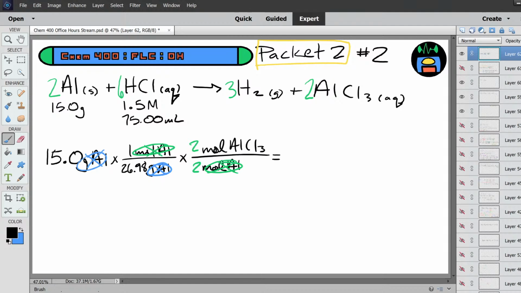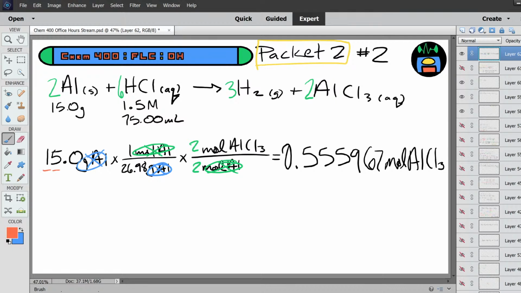So we have 15 divided by 26.98 times 2 divided by 2. This comes out to be 0.5967 moles of aluminum chloride. We can only keep 3 sig figs.